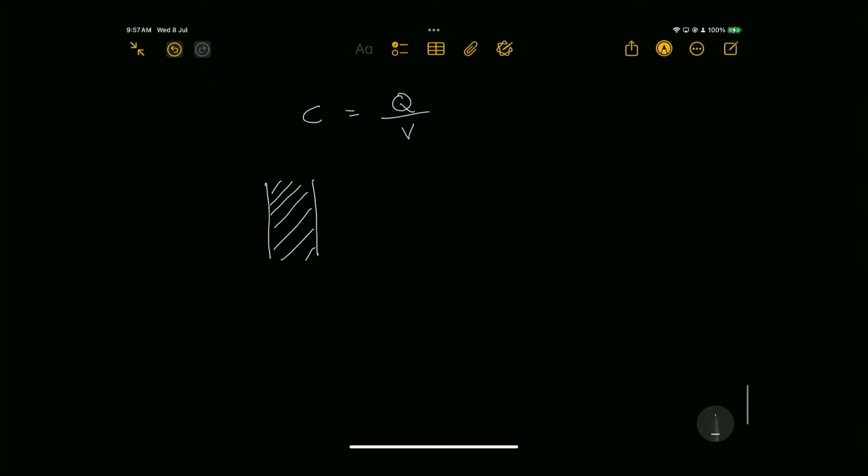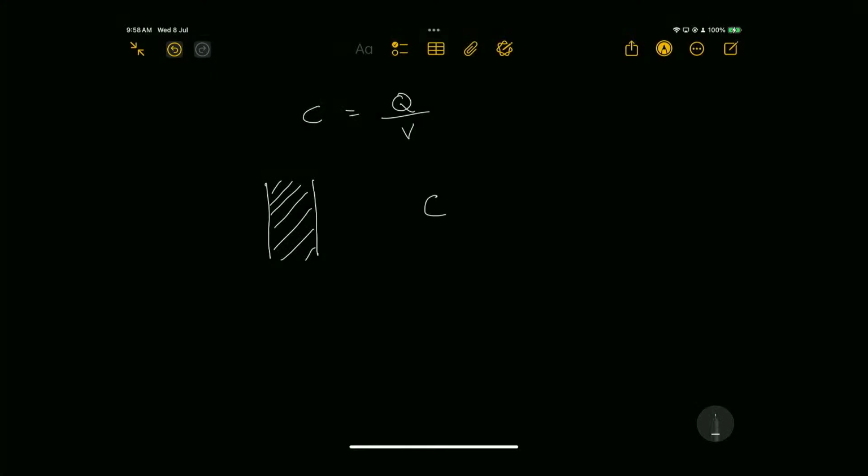Now, how do we find the capacitance of a parallel plate capacitor in terms of the separation between the plates and the surface area of the plates? C equals epsilon naught A over D, right?